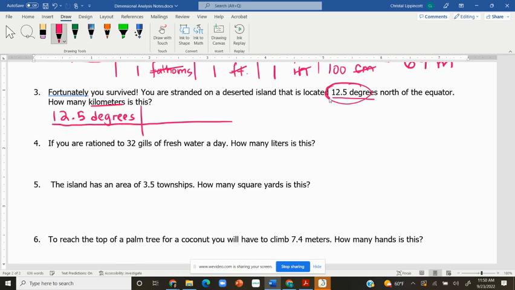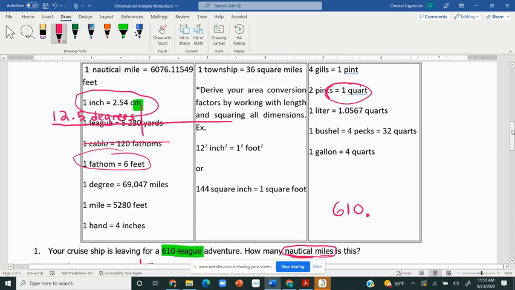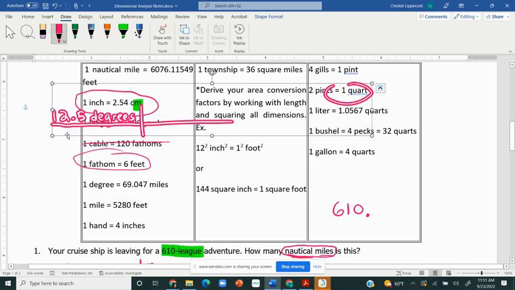Do you have degrees on the front in our conversion factors? Miles. So right here is a connection between that.